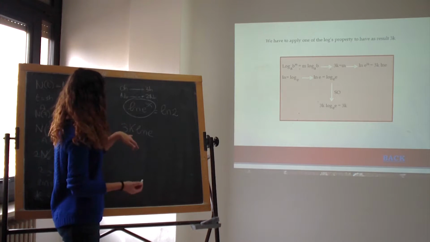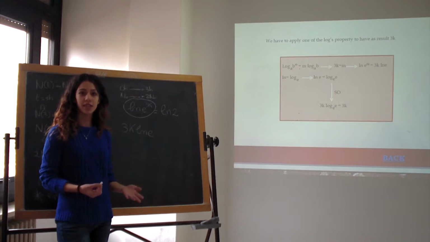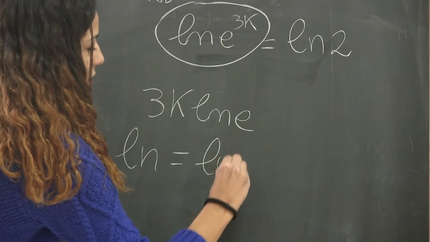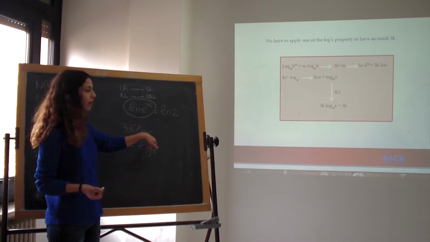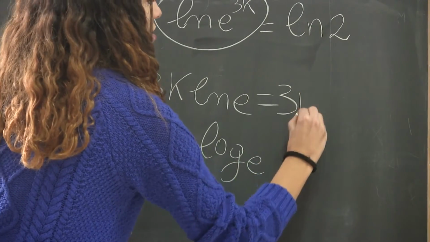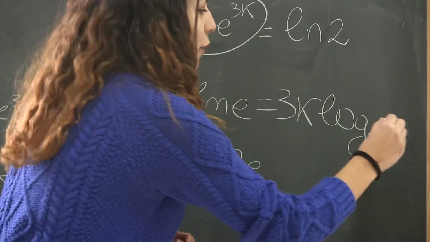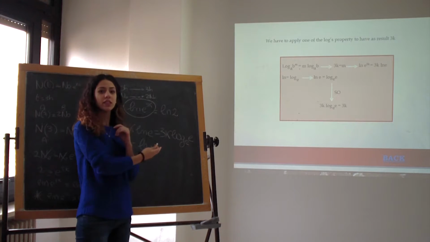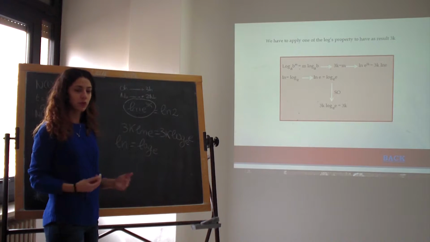We also know that the natural log is equal to the logarithm base e. In this case it's the natural log of e, so I have to write 3k times the logarithm in base e of e, and we know that this logarithm is equal to 1, so this member is equal to 3k.